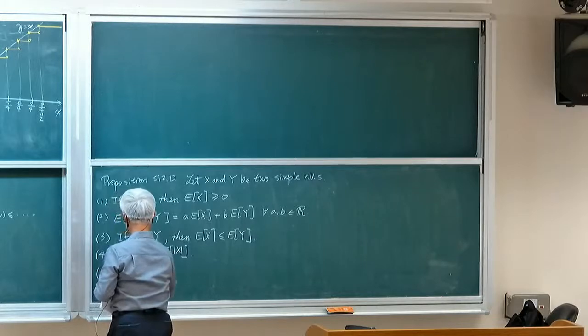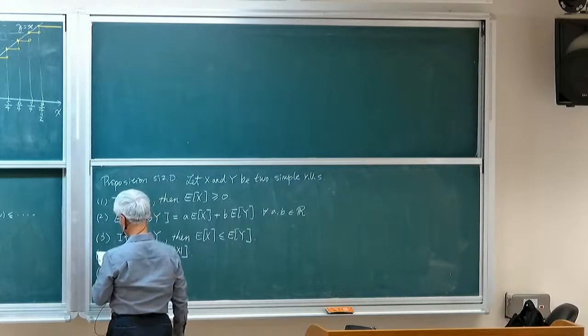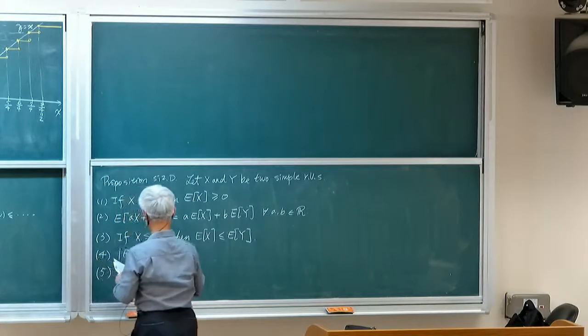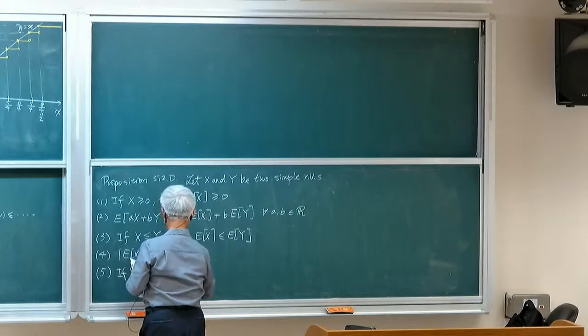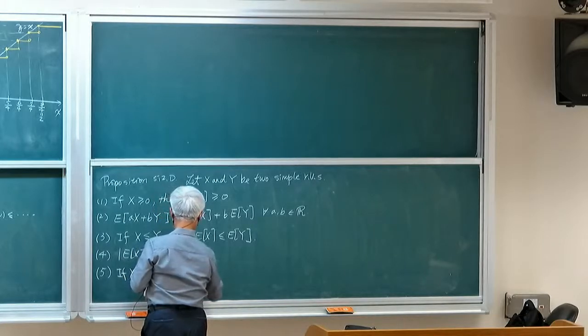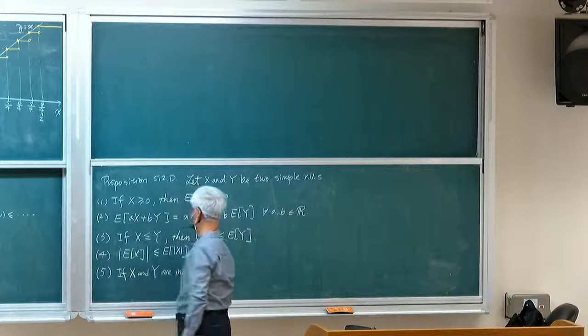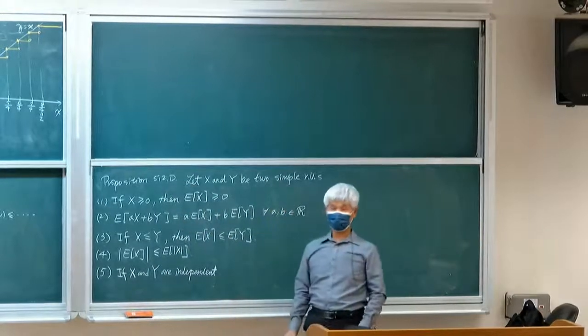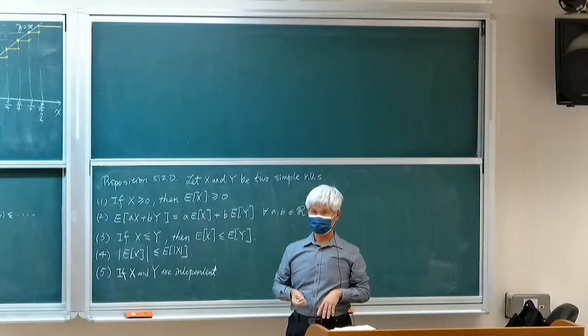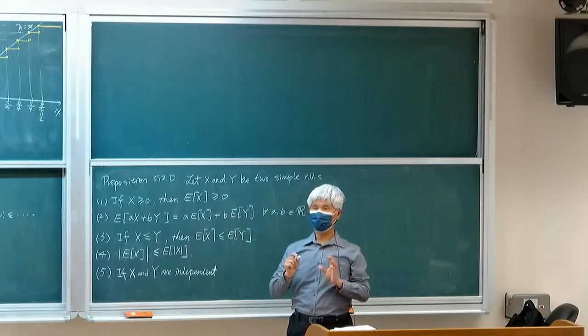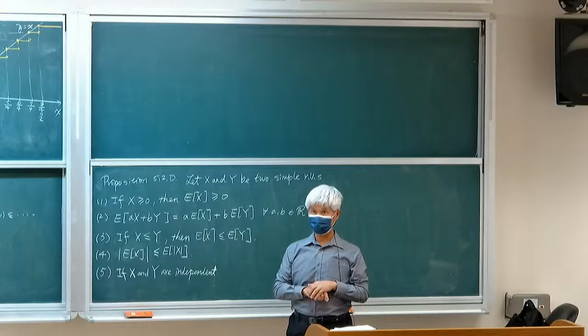Fifth, if X and Y are independent. I defined independence on two discrete random variables before, right?